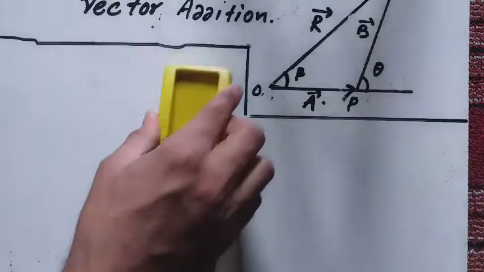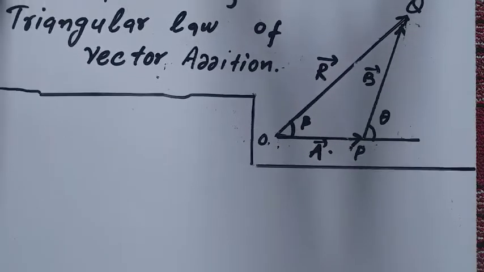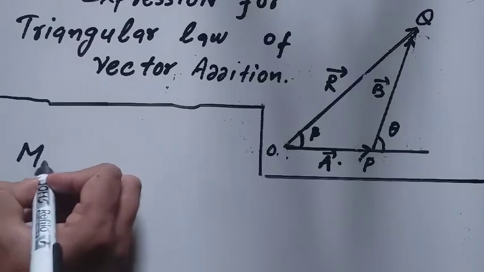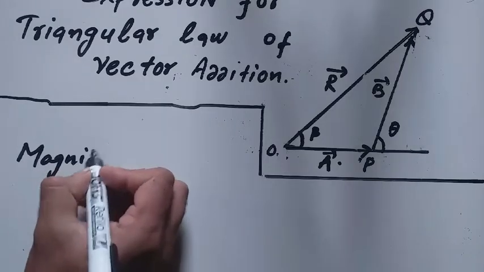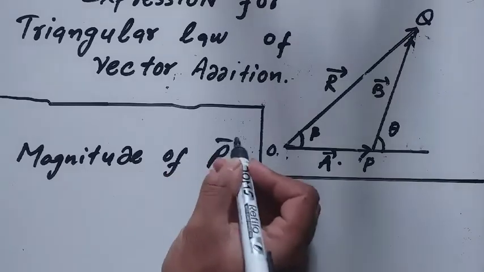Let's understand this figure first. All right. First, we'll find the magnitude of R vector.